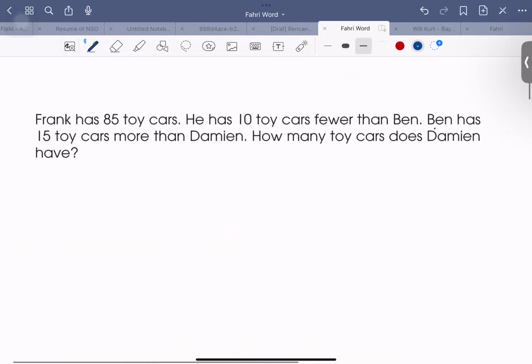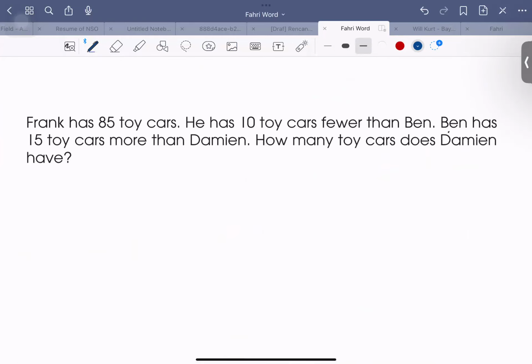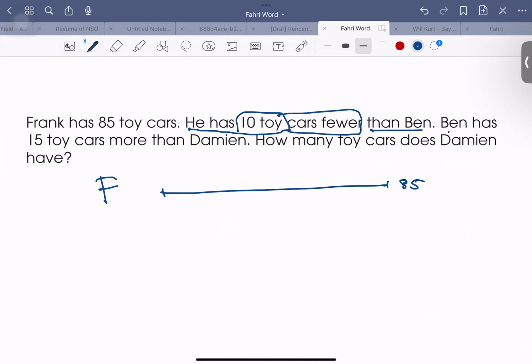Frank has 85 toy cars. He has 10 toy cars fewer than Ben. So does Ben have a longer or shorter line? Longer.